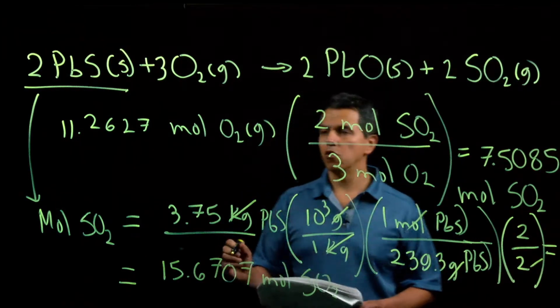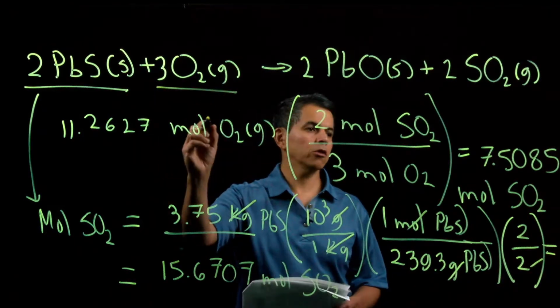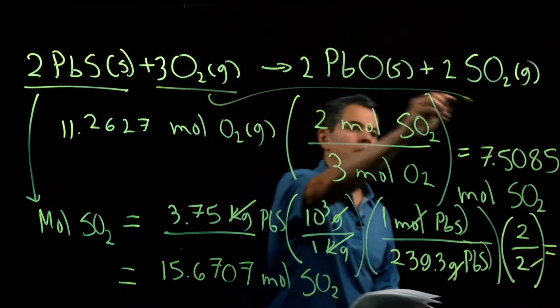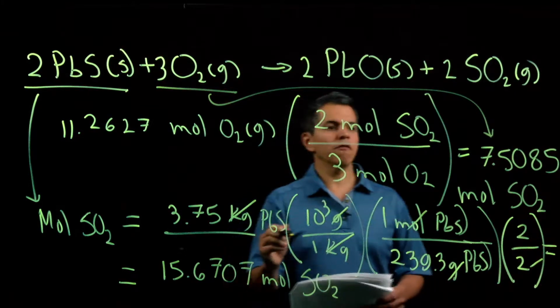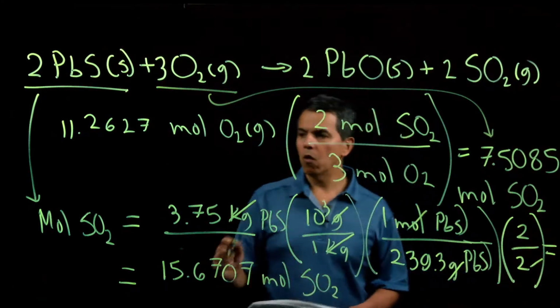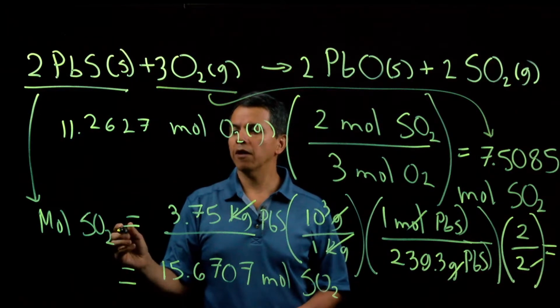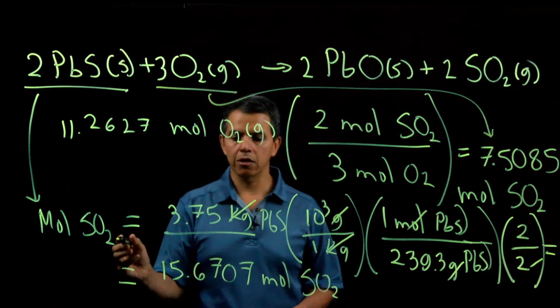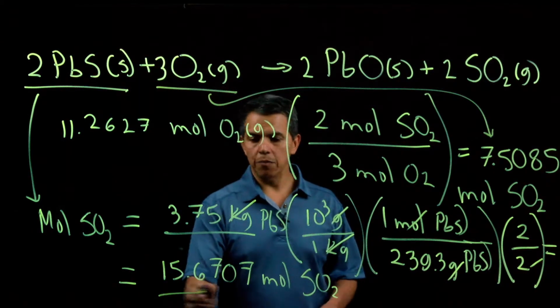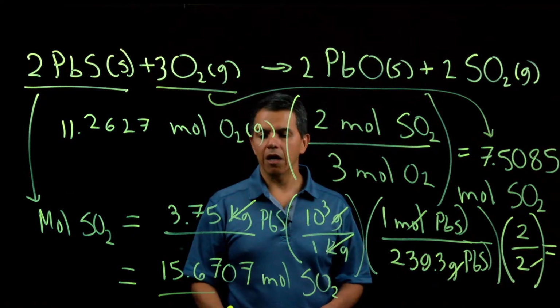Okay, so now what we need to do is to compare the moles of sulfur dioxide that would be produced if we use all the oxygen, which is basically 7.5, versus the moles of sulfur dioxide if we use galena or lead sulfide as the limiting reagent, which is 15.675.